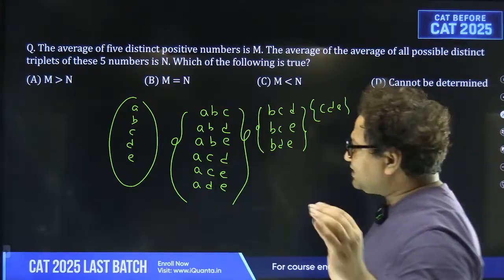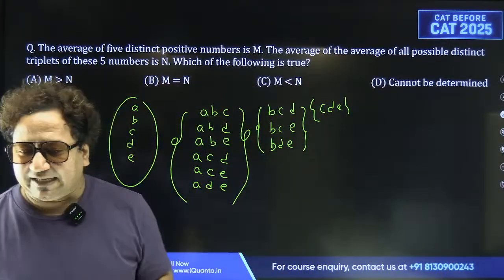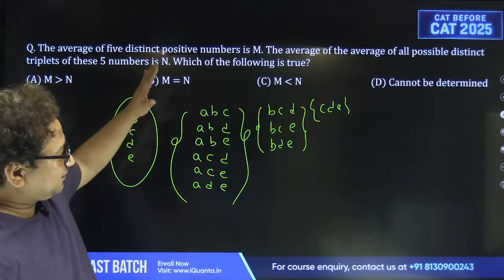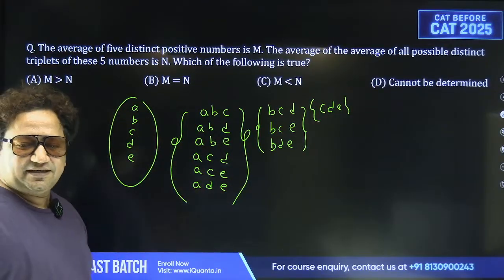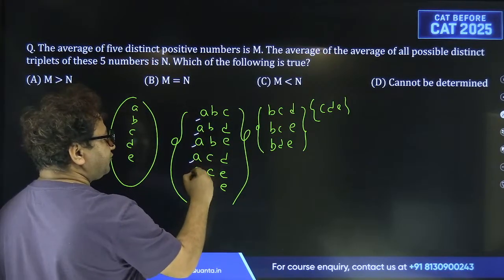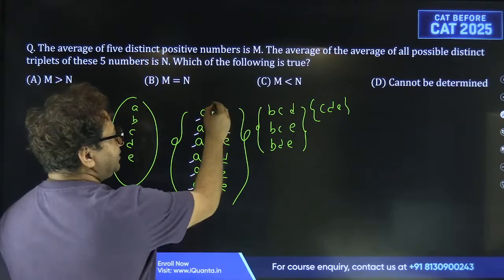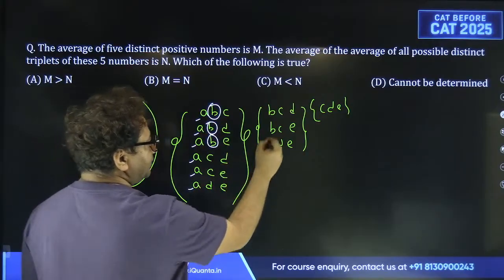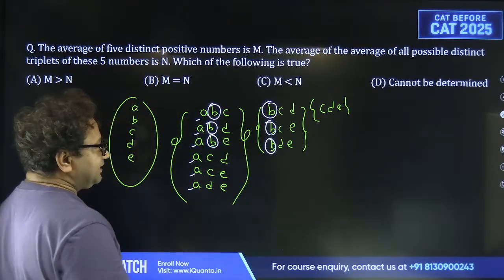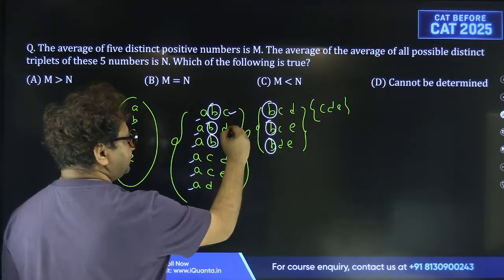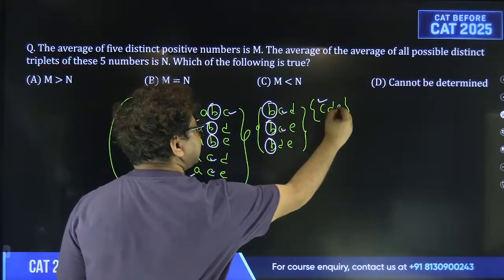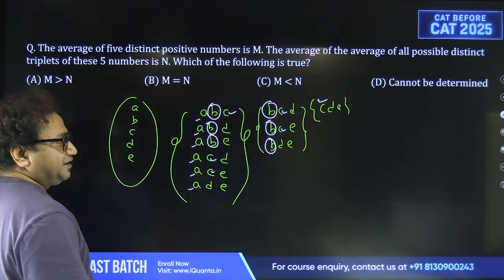Now, Pranati said everything will be occurring 6 times. Okay? Is Pranati very smart? Or did Pranati write all this and then counted? See, 1 2 3 4 5 6, A has come 6 times. B, 1 2 3 4 5 6. Oh nice. Let's see how many times C has come. 1 2 3 4 5 6. Oh, C also came 6 times. What is going on? There is some magic.